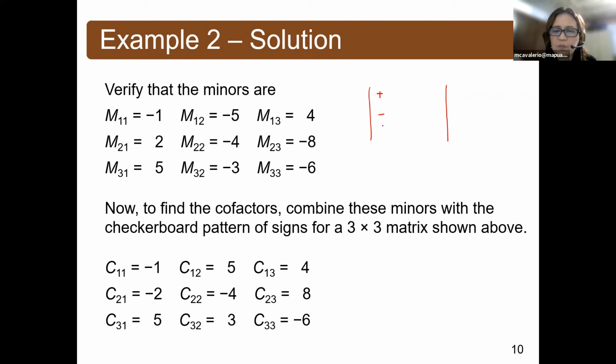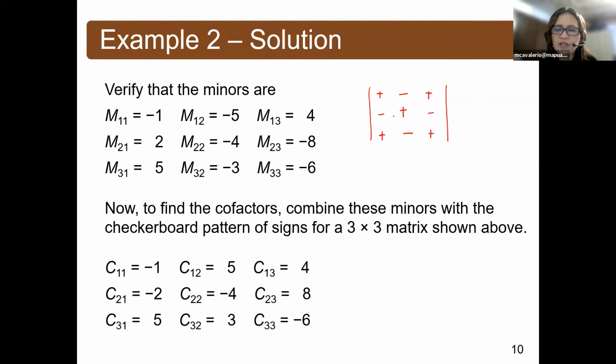So that would be 3 plus 1 is 4, even. So this will be positive. And you have here 12, which is odd. So this is negative, and so on and so forth. We can have the checkerboard pattern of signs. So you have plus, minus, plus, minus, plus, minus, and then you have plus, minus, plus.